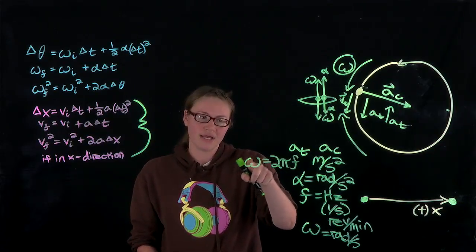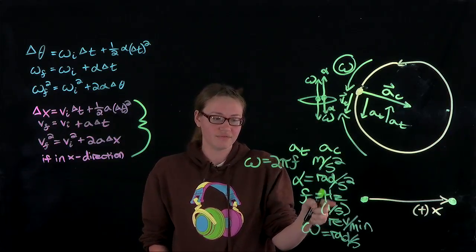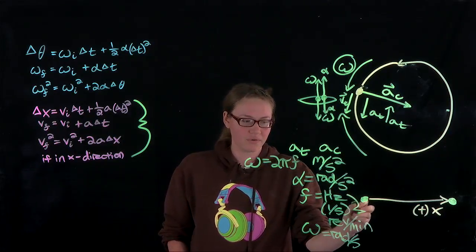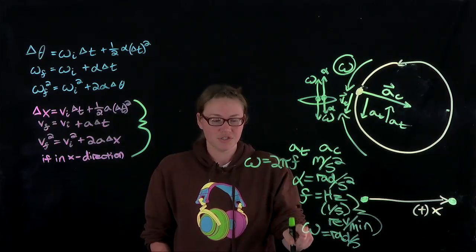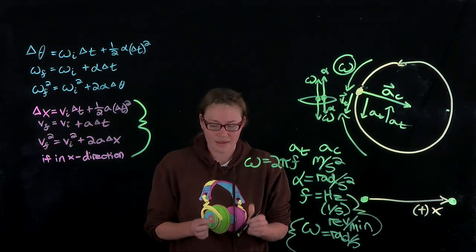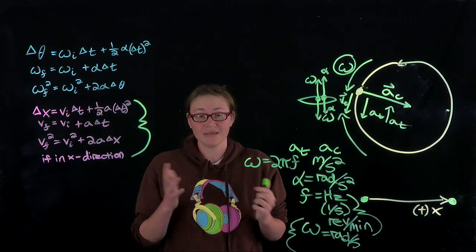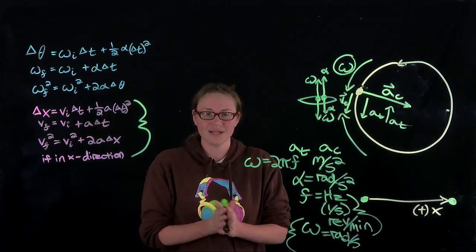So using omega equals 2 pi times the frequency, you can easily convert between your frequency, which is always in these units, to your angular velocity, which is in these units. And I know it's often confusing when dealing with this topic, so just keep these in mind and you'll do well in this part of the course.